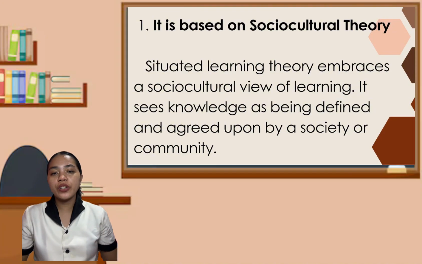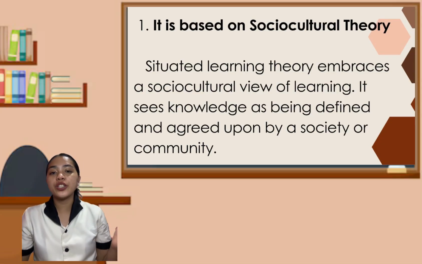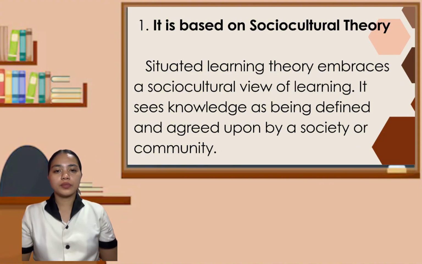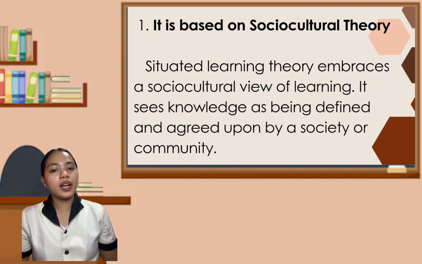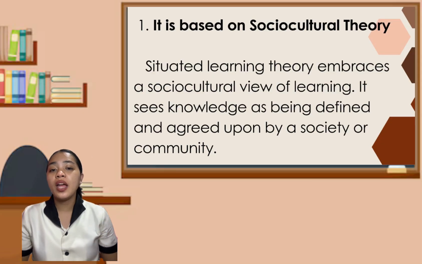So what is considered true or important? Knowledge depends on the rules and values of the community where learning happens. So just like in the classroom, students learn best through social interaction where knowledge is built and shared together and agreed upon by the group.